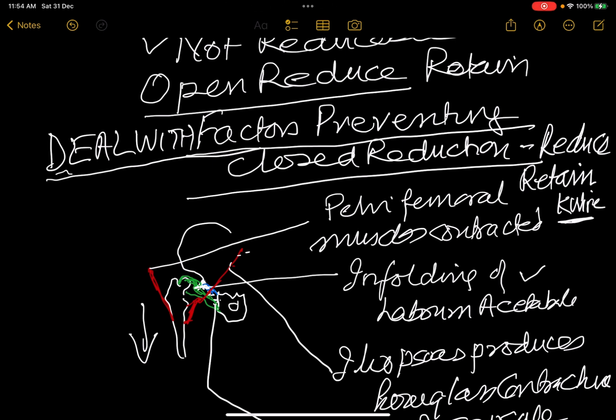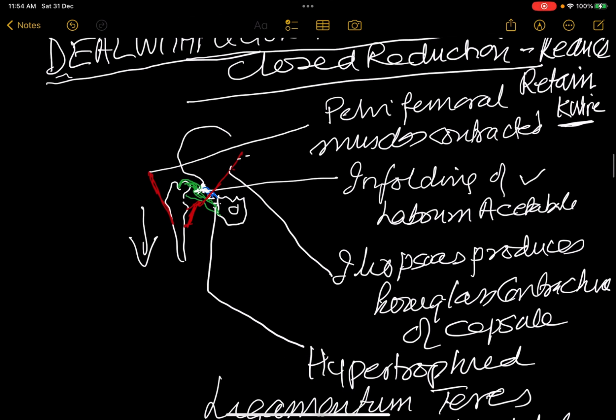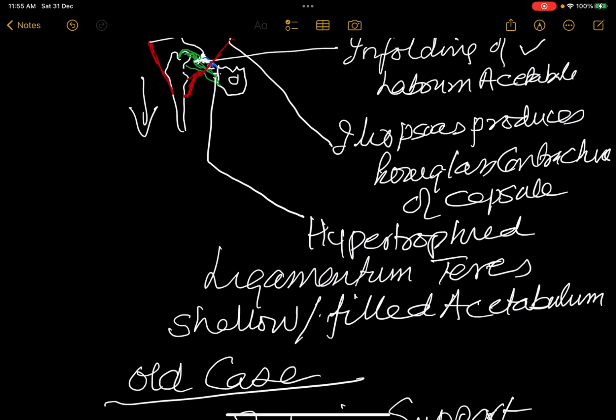The fourth is a filled or shallow acetabulum, filled by fibrous tissue or by a hypertrophied ligamentum teres. So you deal with all these factors and you reduce this hip. One important method of dealing with pelvifemoral contracture is to shorten the femur so that the head can descend into the acetabulum.